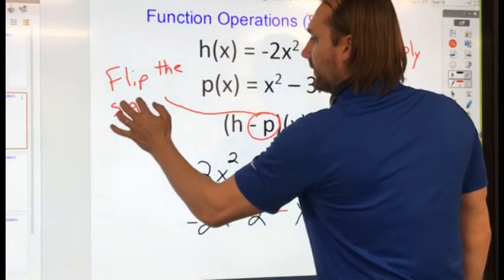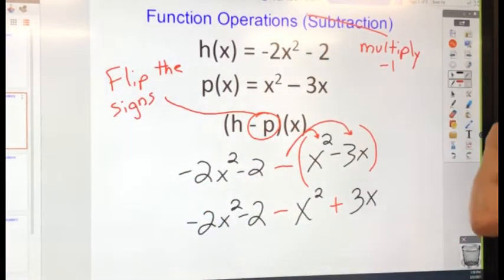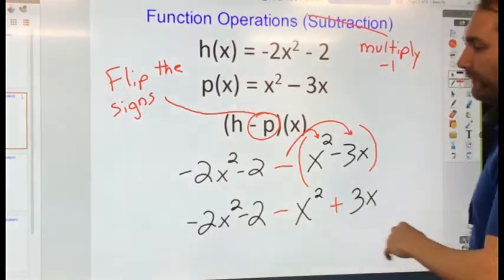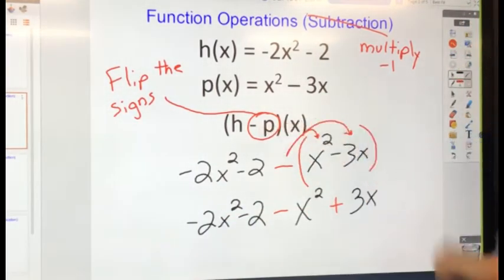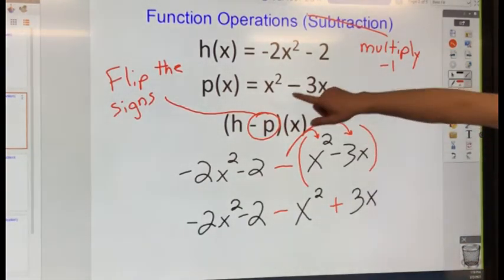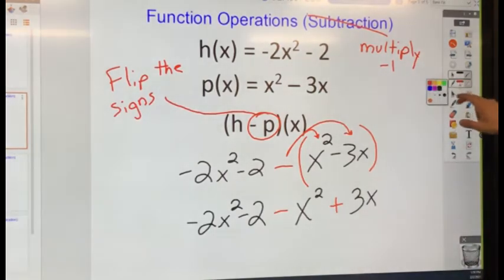So flip the signs. You can also think of it as an addition problem where before I can add my functions together, I need to flip the signs of the one with the negative in front. In this case, it's p, so my x squared becomes negative x squared, my negative 3x becomes positive 3x.